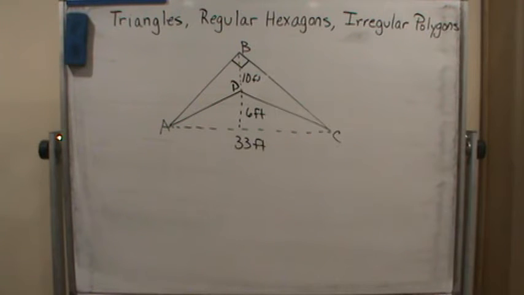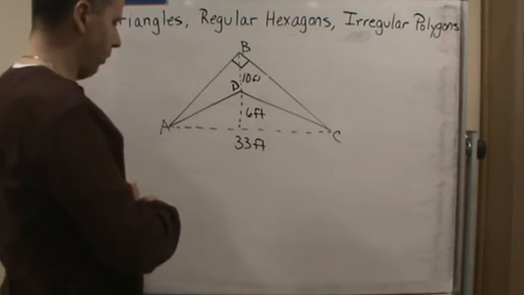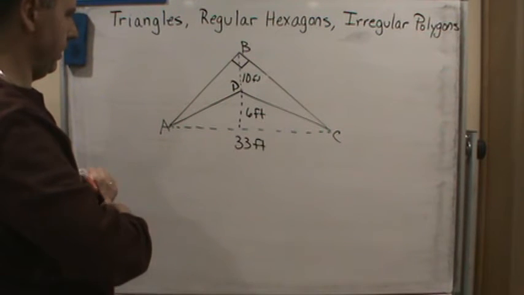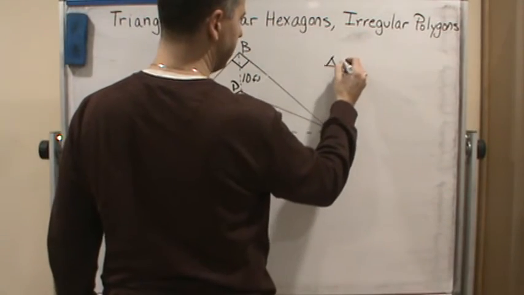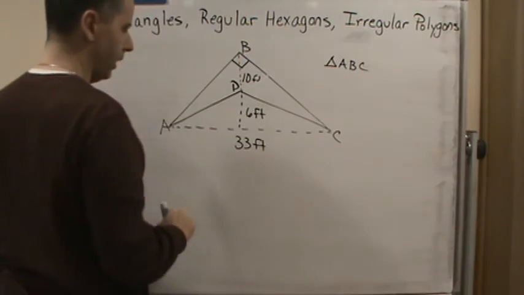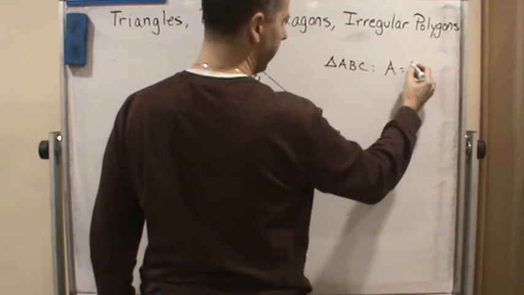Well, can we do that? Sure. Why not? Let's call this bigger triangle, triangle ABC. The area is one half base times height.